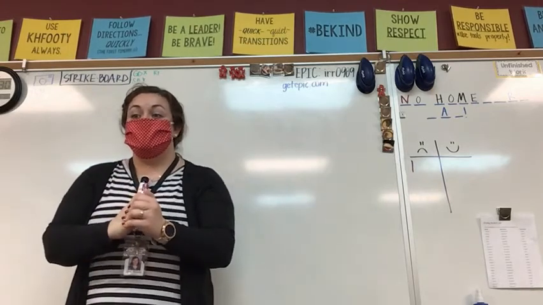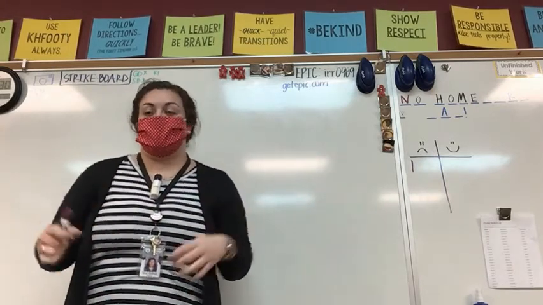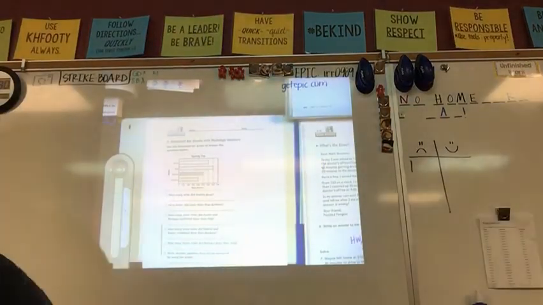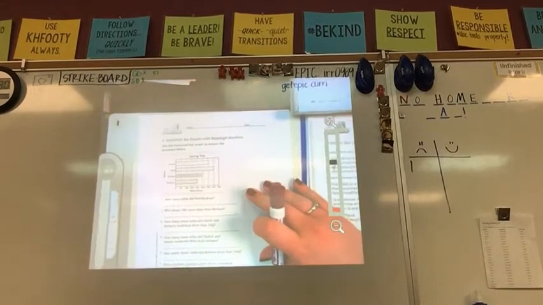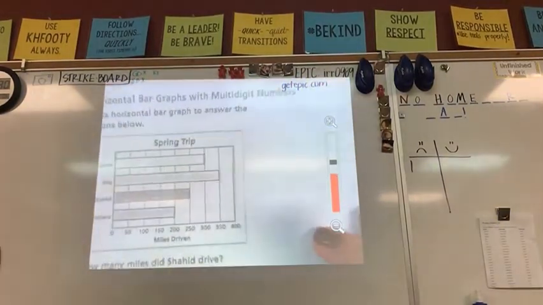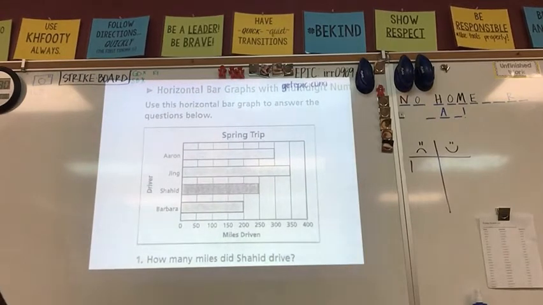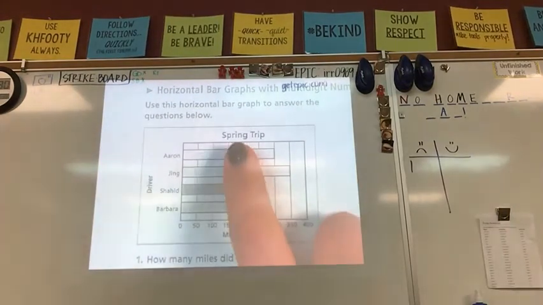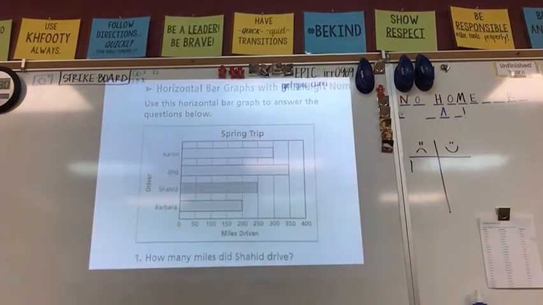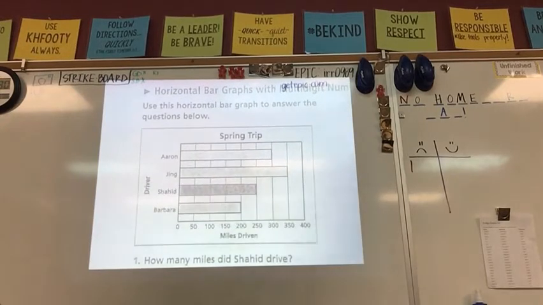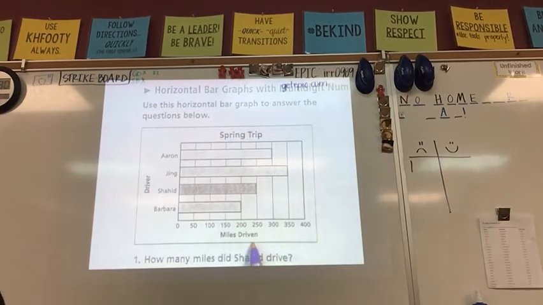We're going to start with some practice with a horizontal bar graph. So I want to know how much you guys can already do with some of these trickier questions. Check it out. So in this bar graph, we have lots of different drivers, and then they're recording how many miles driven.